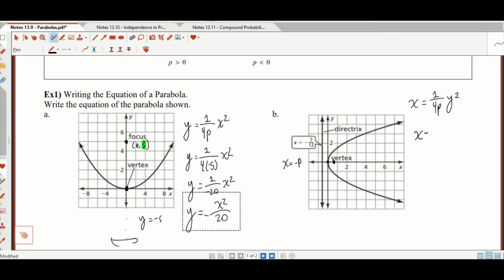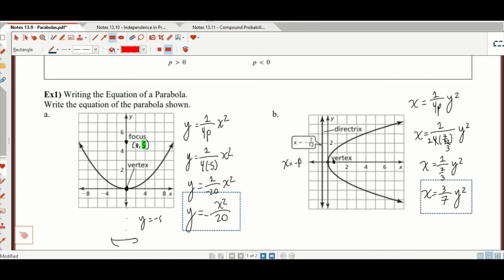So that is x equals 1 over 4 times positive 7/12 y squared. Why positive? Because the directrix has the negative value, the focus is going to have the positive. 4 times 7/12, so cross divide, that's 7/3. So x equals 1 over 7/3 y squared. If you divide 1 by a fraction, it becomes x equals 3/7 y squared, right? Keep, flip, multiply. Cool.